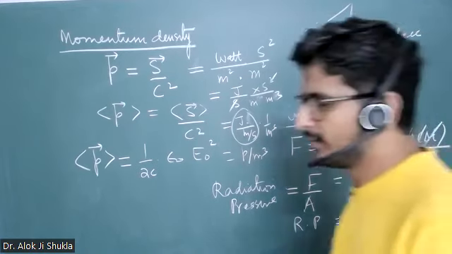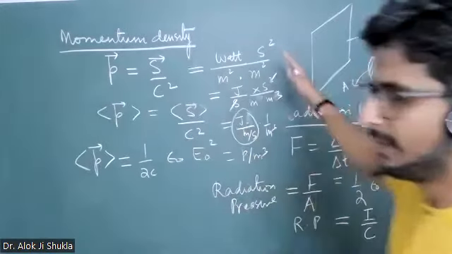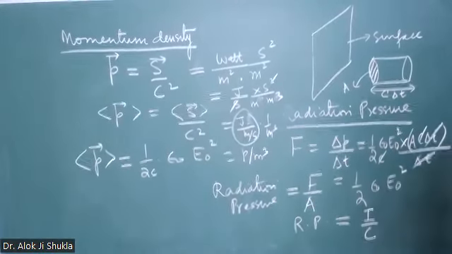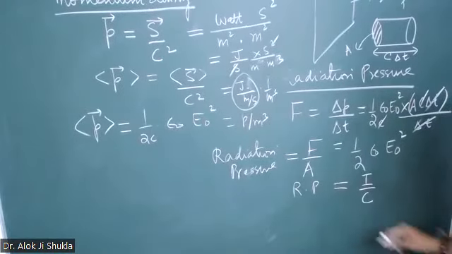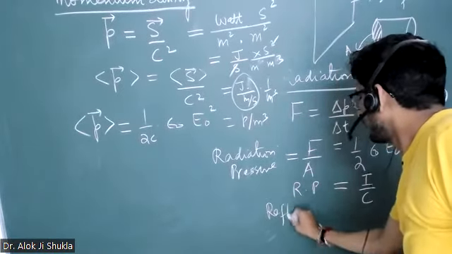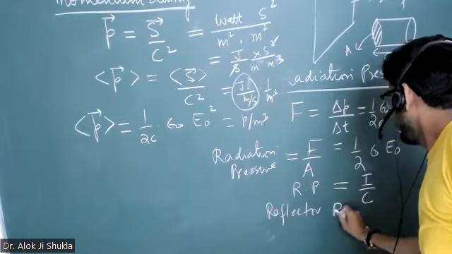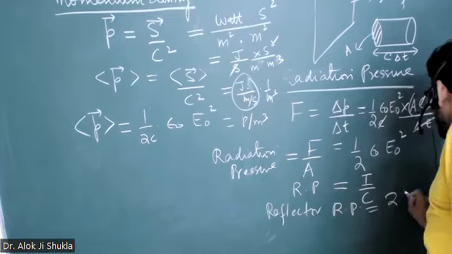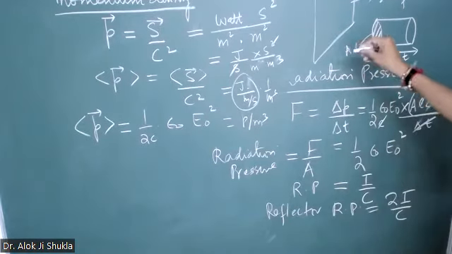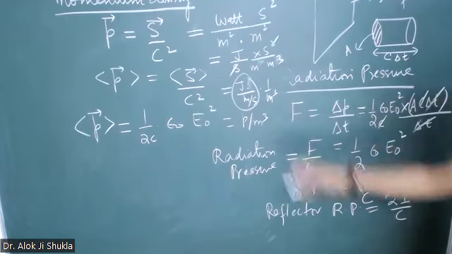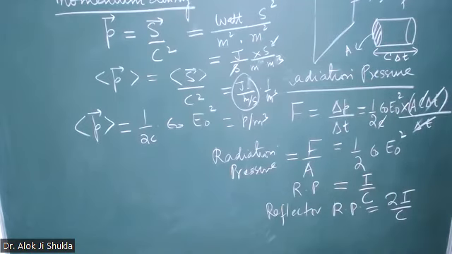Then it will be this. क्योंकि जो तुमने momentum change निकाला है, उसमें initial momentum, final momentum absorb हो गई radiation, ठीक है? और अगर perfect reflector है, reflector, then radiation pressure will become 2 times I by C. बिकॉज यू नो चेंज इन मोमेंटम, जैसे mv इधर आ रहा है और टकरा के वापस जाता है -mv, तो क्या हो जाता है? चेंज इन मोमेंटम 2 times mv. ओके, सो इफ इट इज अ रिफ्लेक्टर इट विल बिकम 2 times ऑफ दिस I by C. देखो समझ आ रहा है?